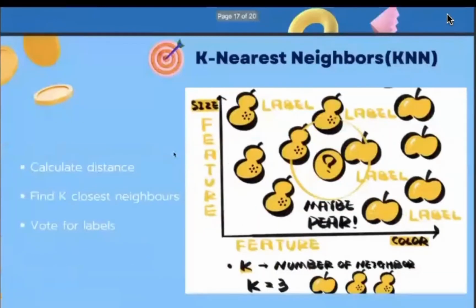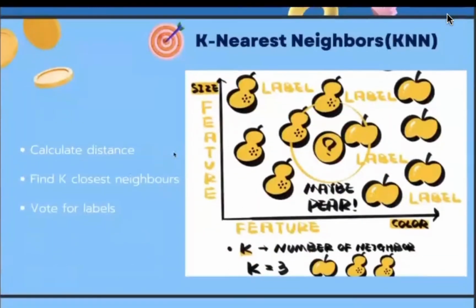The other model we use in this project is called K-nearest neighbors. It's a model that works by finding the distance between an object and all examples. For example, if you look at the picture on the right side, here we have an object, and we want to know if it is an apple or a pear.